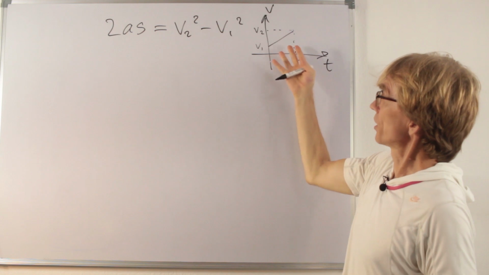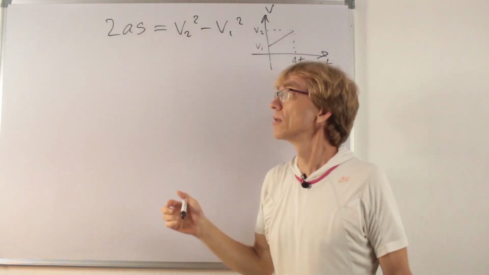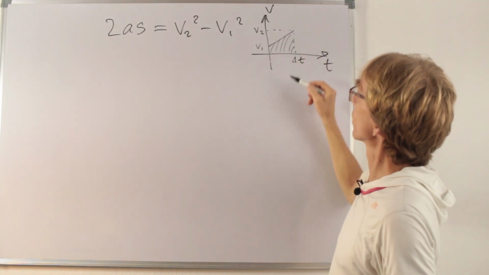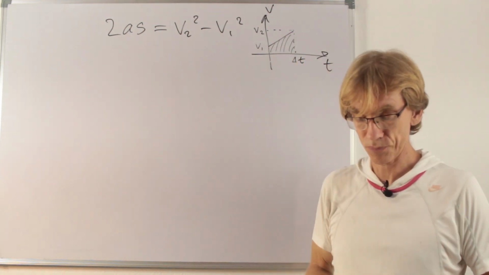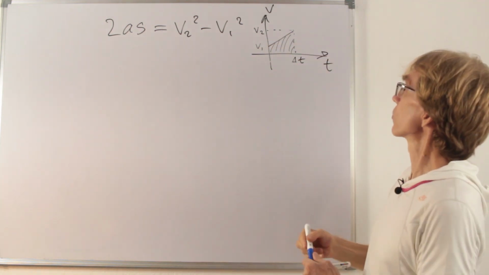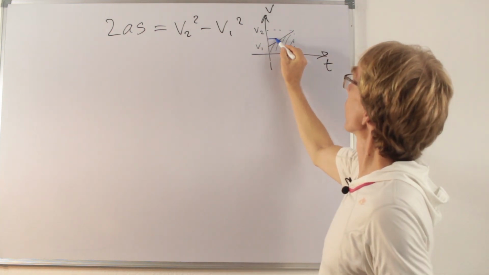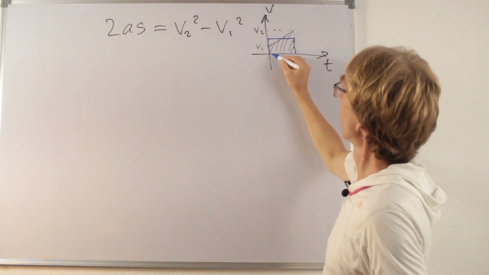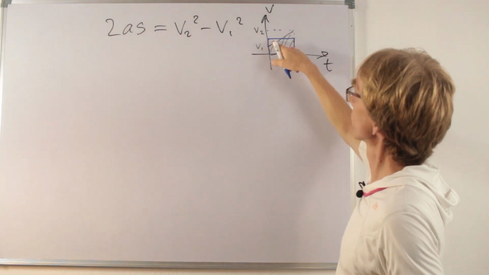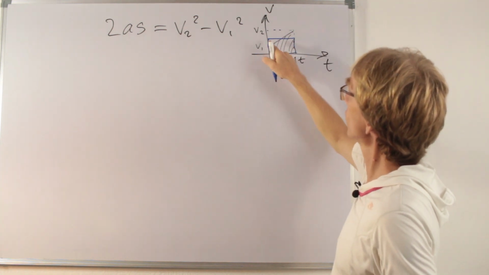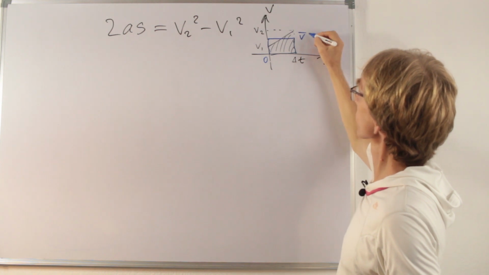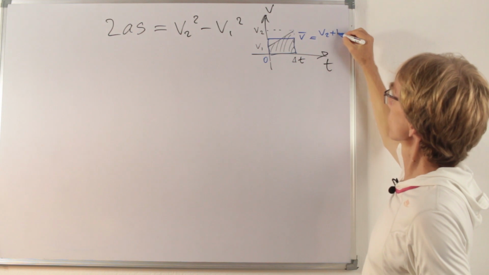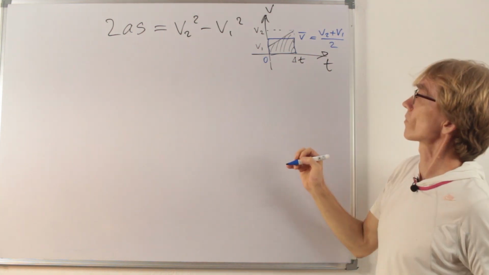What distance does the body actually cover during this? The distance is equal to the area under this trapezium. This area is also equal to the area of this rectangle. The side of it, you see here, from 0, is the average velocity, which is second plus first over 2.